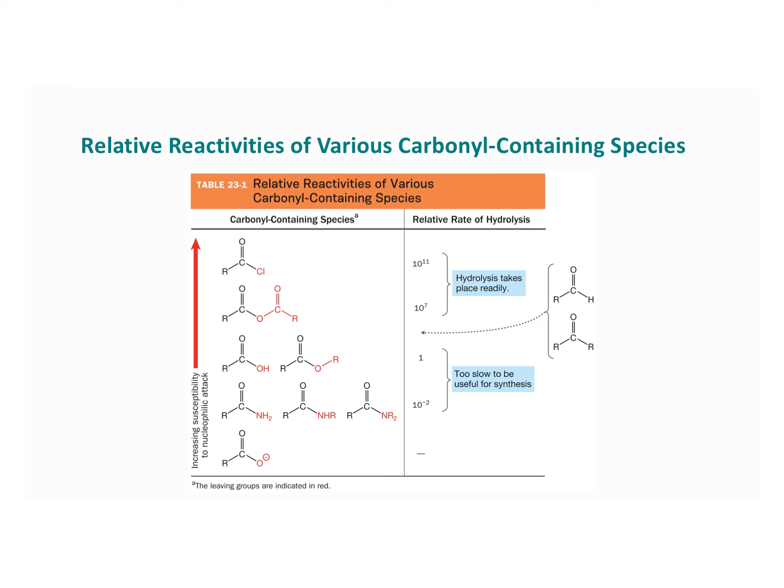So what you see here is the carbon-containing species and then the relative rate of hydrolysis. And so what this is telling you is, hey, look, these are the things that are going to react with water. And if it's an acid chloride, the hydrolysis is going to really take place readily. Here is the rate. It's 10 to the 11th, right? If it's an anhydride, it's 10 to the 7th. So these take place really quickly.